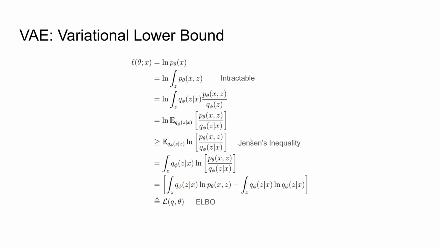But this basically implies this inequality here, and then you can write this expectation into this integral and decompose this by using the properties of the logarithm function. This is what we call a variational lower bound because it is a lower bound. And because we want to maximize this function, it is equivalent to maximizing the lower bound.